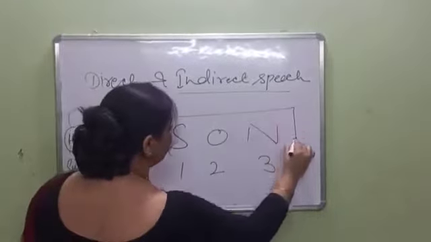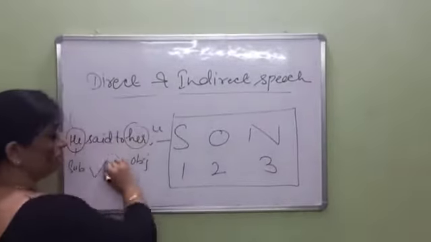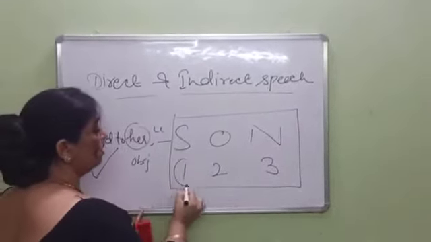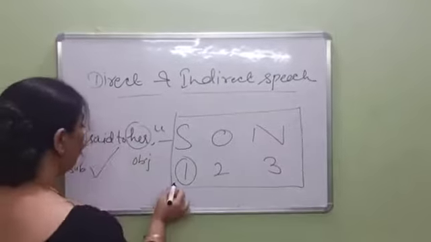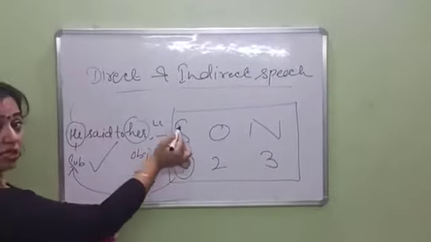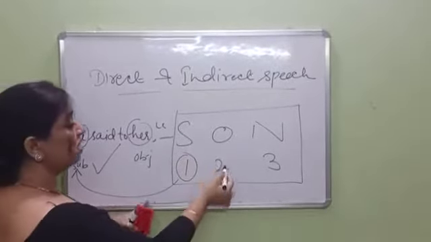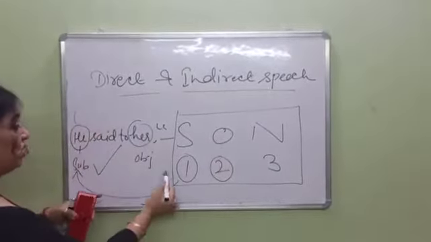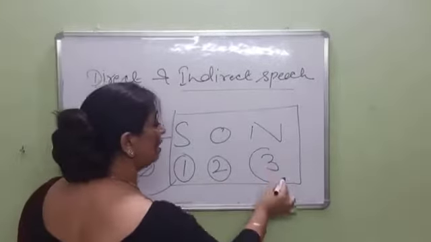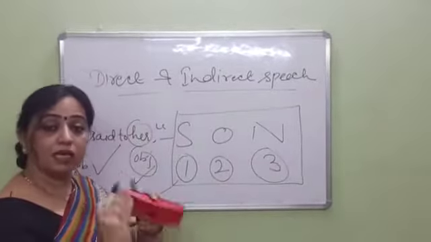This is the reported verb, and this is the reported speech. In the reported speech, if you are given the first person, it will change into the subject. Similarly, if you are given the second person, it will change into the object. But if you are given the third person, it will remain the same.